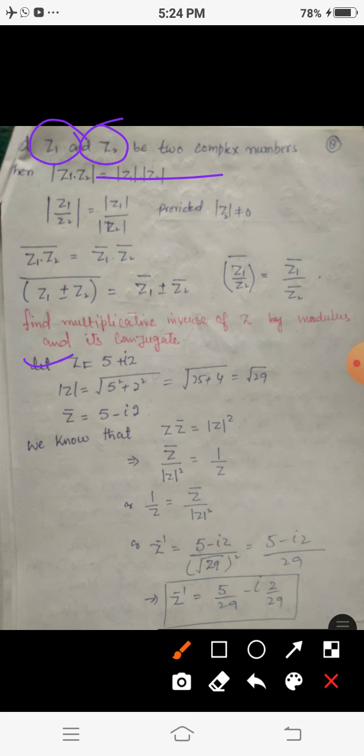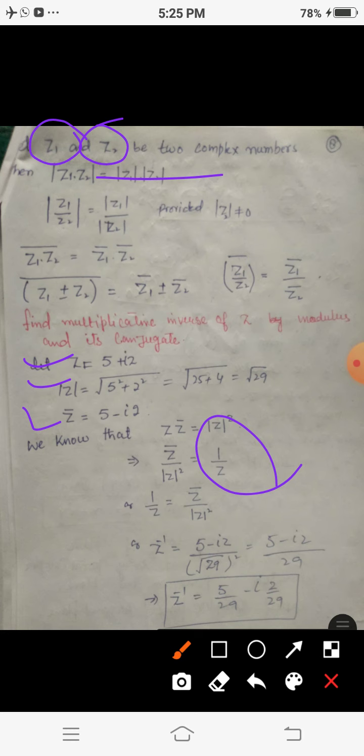The given complex number is 5 plus iota 2. Its modulus is root of 5 square plus 2 square, that is root 29, and z bar is 5 minus iota 2. We proved earlier that z into z bar is mod z square, which implies that z bar upon mod z square is 1 upon z. Here 1 upon z is the multiplicative inverse of z.